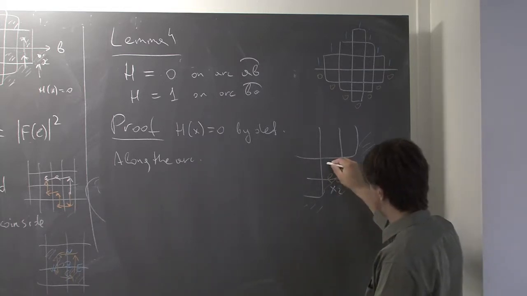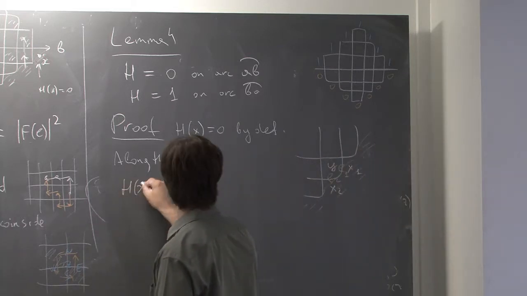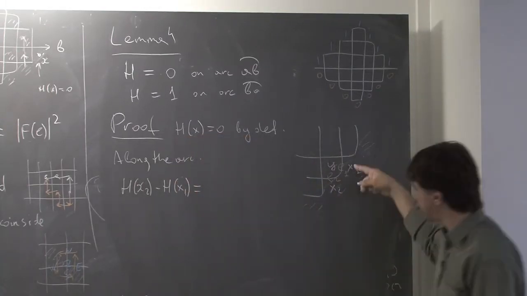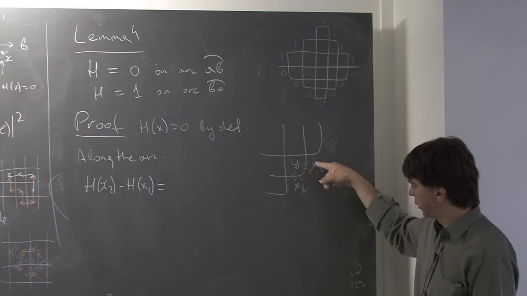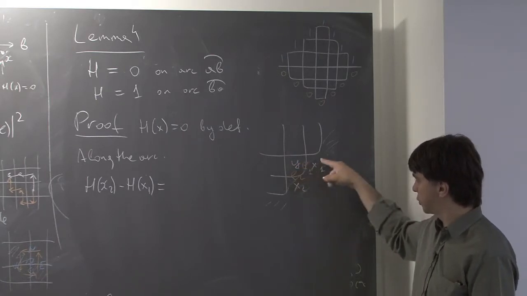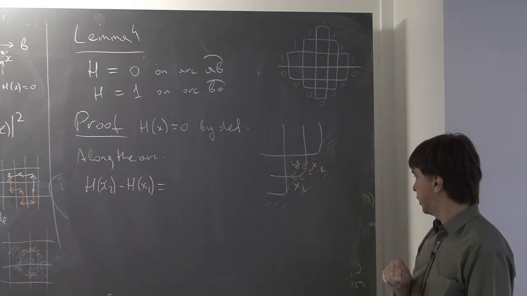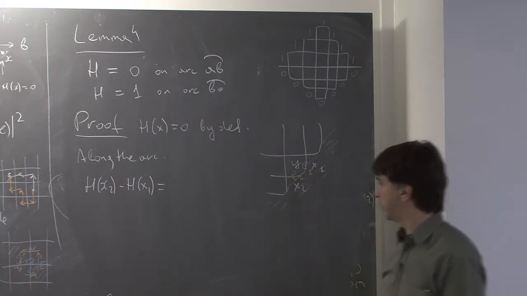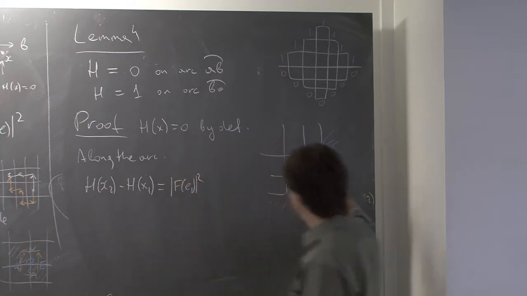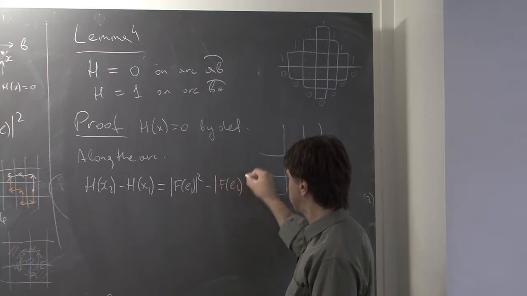And I denote this point, let's say Y. So H of x2 minus H of x1, just by definition, we go from x1 to y, and then we go to x2. When we go to y, we go from black to white, so we increase it by |f of e1| squared. And then we go from white to black, we decrease: minus |f of e2| squared.